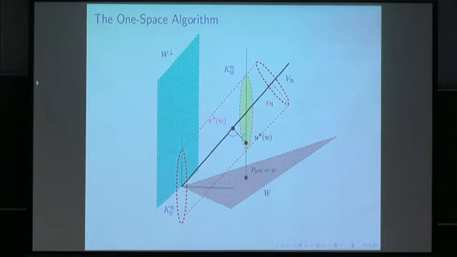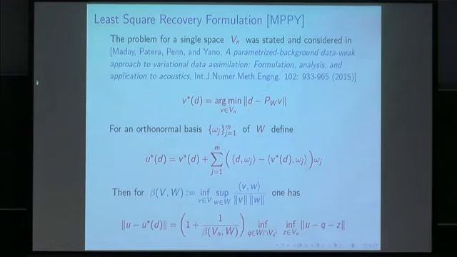Returning back, that will be our V star. And then from this point V star, we want to find the closest point to it from the space.